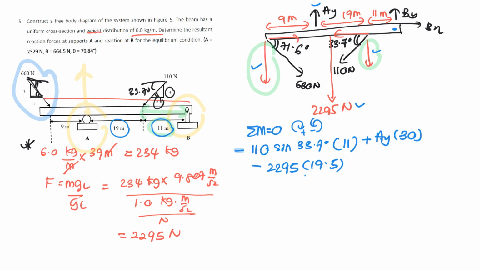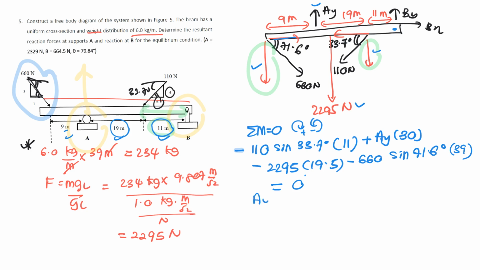It's going to be anti-clockwise, so I put negative 660. Sine or cos? Looking at the angle, my y component is going to be sine 71.6 degree multiplied with the level arm, which is definitely 9 plus 19 plus 11, so you get 39. Equals to what? 0. So you can actually get AY.